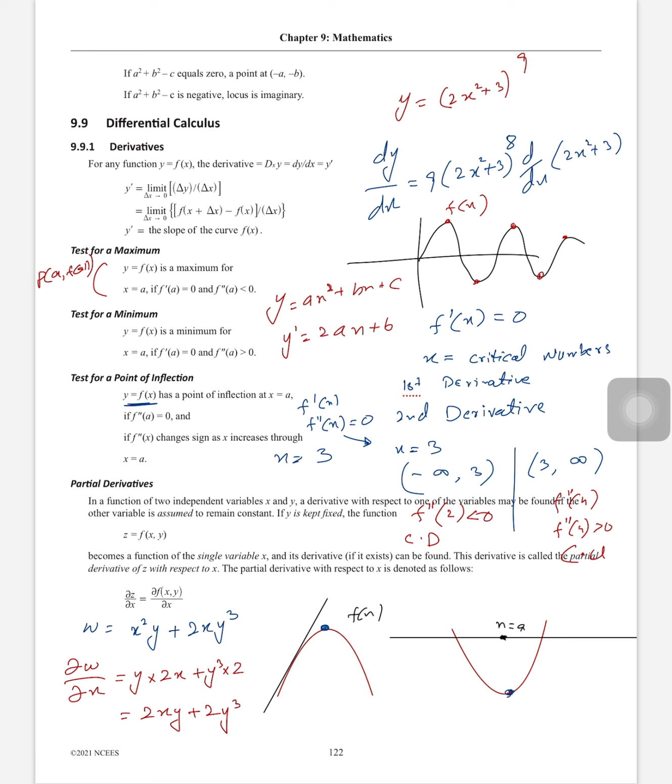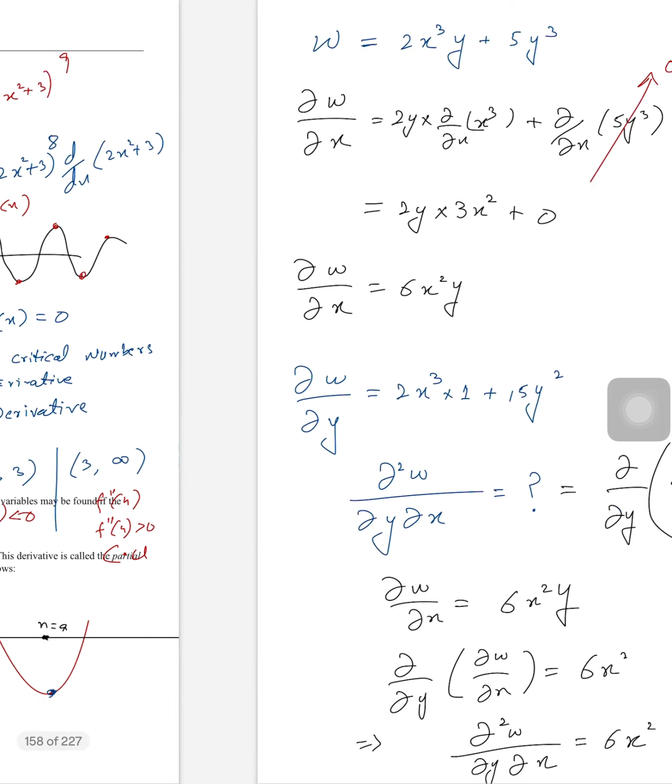There is a maximum point at that critical number, right? And if at the critical number the double derivative is greater than 0, then at that critical number there is a point of minimum.